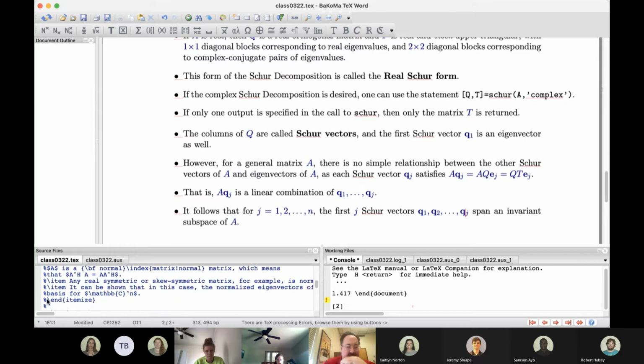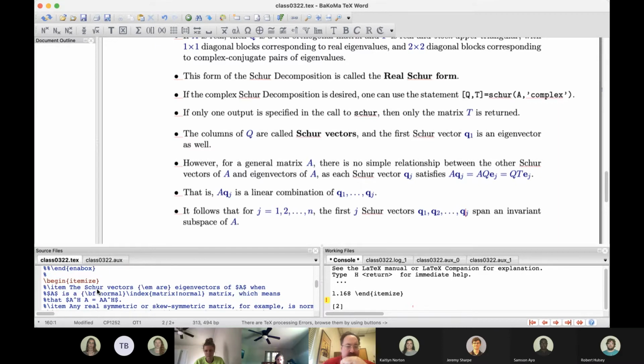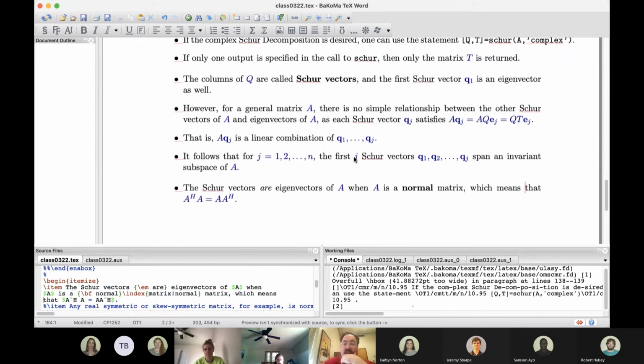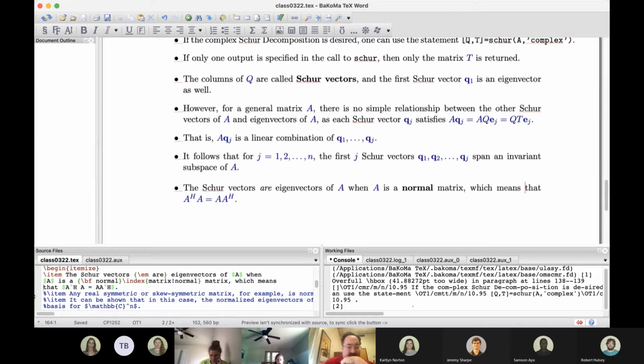Now, I want to say more completely, when are the Schur vectors also eigenvectors? I mentioned A is a normal matrix. So what is that? A normal matrix is a matrix that commutes with its adjoint, which is also the Hermitian transpose. So if A^H A equals A A^H, which is certainly true if A equals A^H, like a symmetric or Hermitian matrix, then the Schur decomposition gives you eigenvalues and eigenvectors.